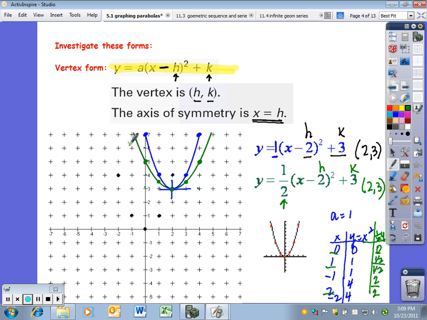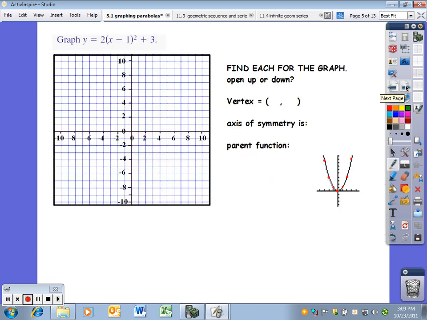So we can use the vertex form to shift my vertex right from the equation. So let's try one. We're going to graph y equals 2 times the quantity x minus 1 squared plus 3. Again, will this parabola open up or down?